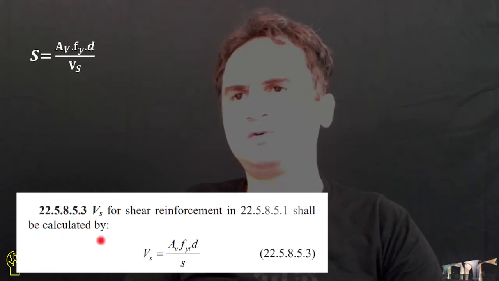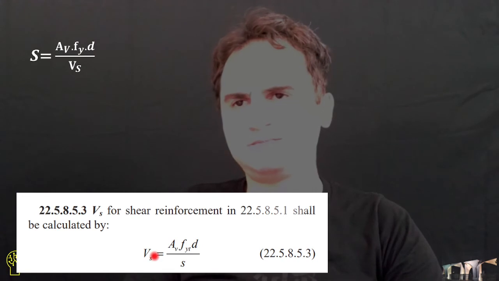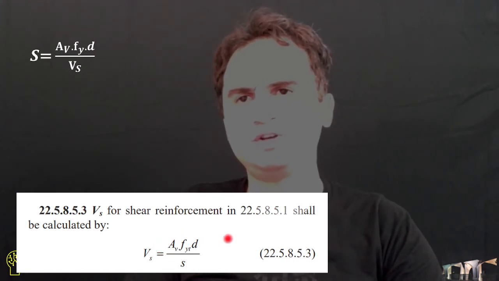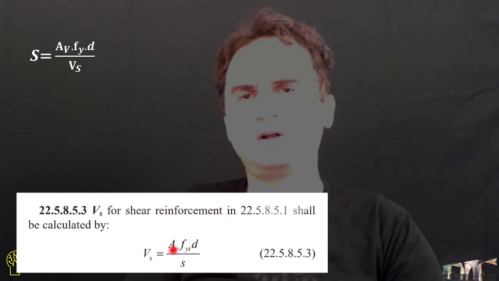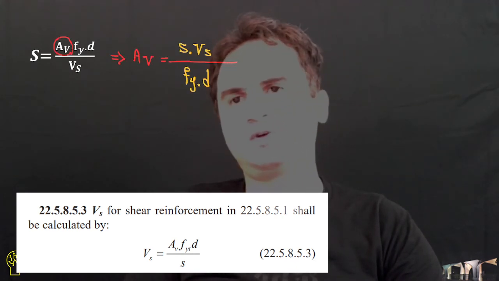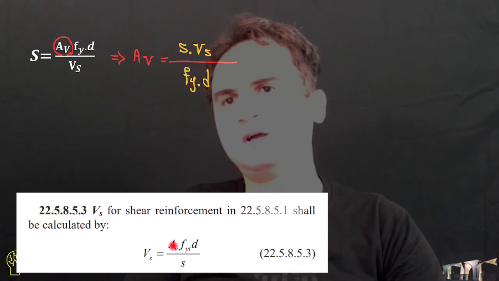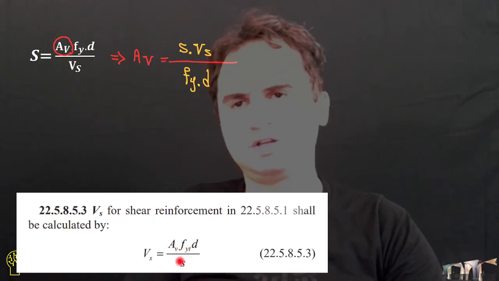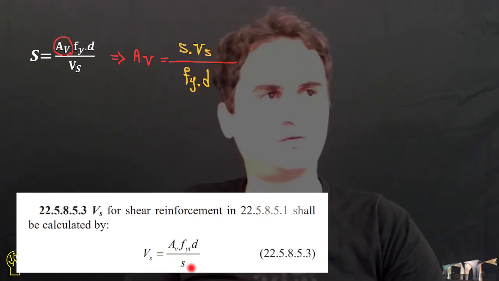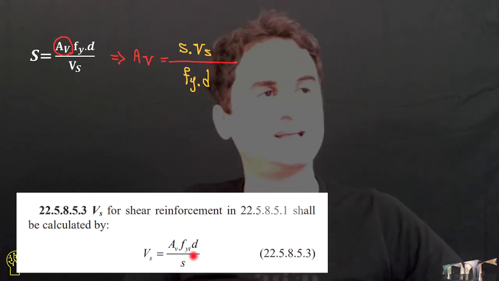This part of the code says Vs is equal to this equation, which is, when you know the area of our stirrups, you can calculate the shear and also the distance between them. You can play around with this equation. If you know what the s is, you can use the other to find out the distance between stirrups.